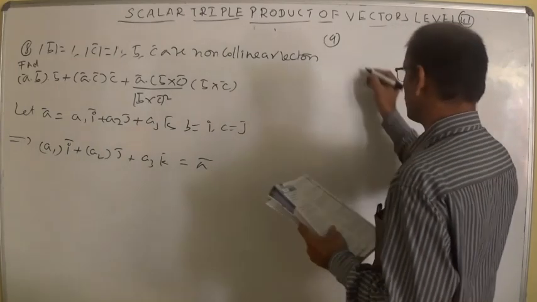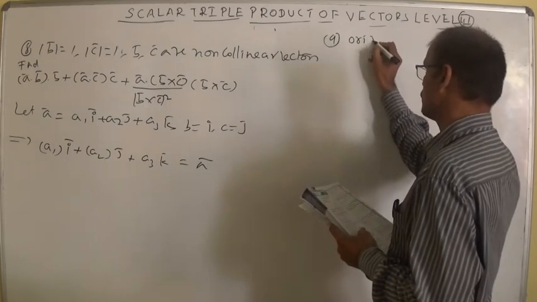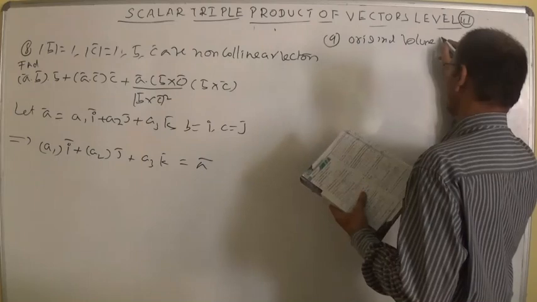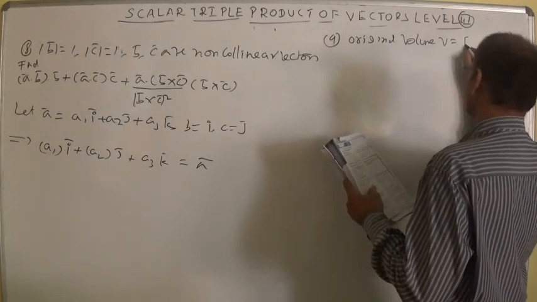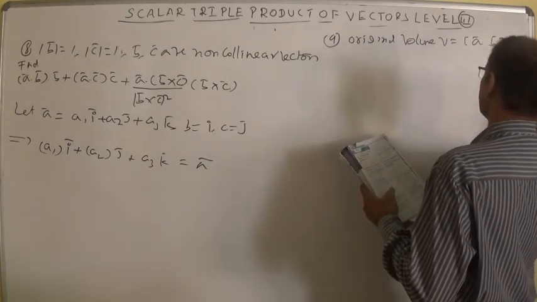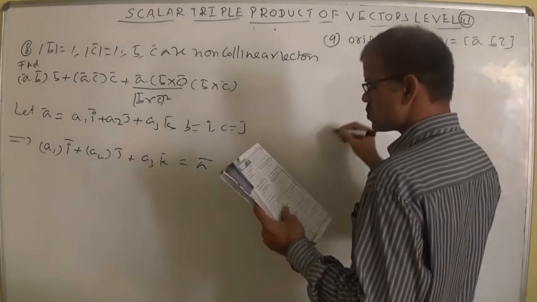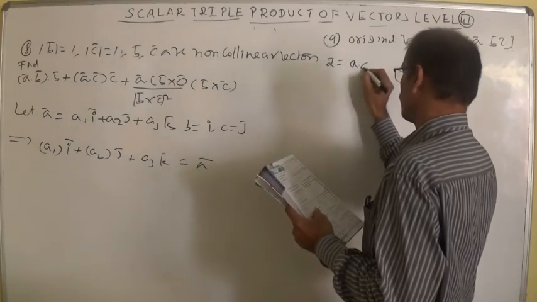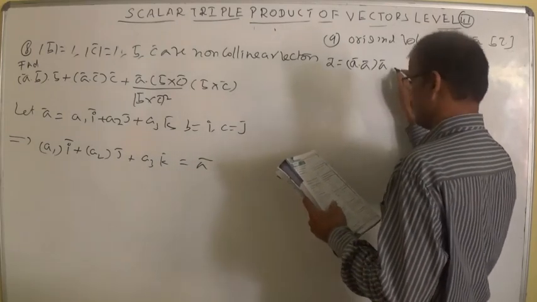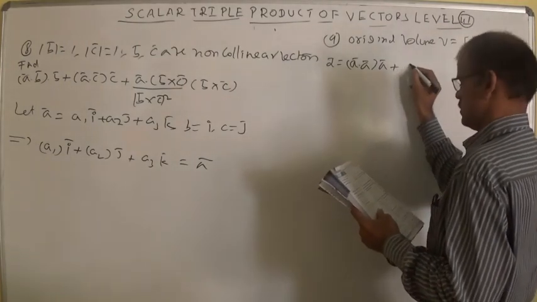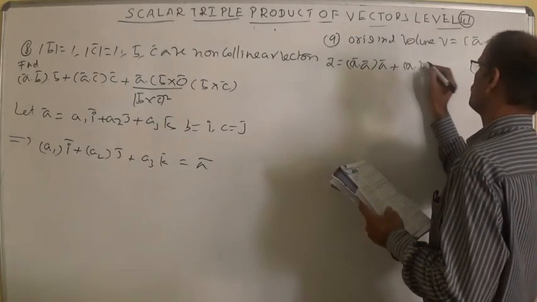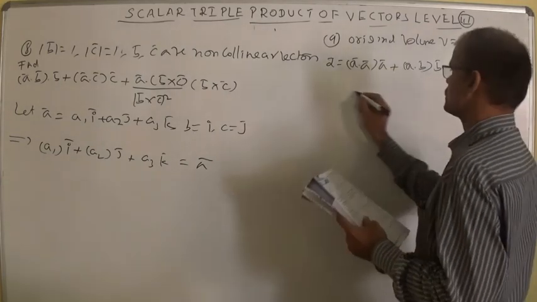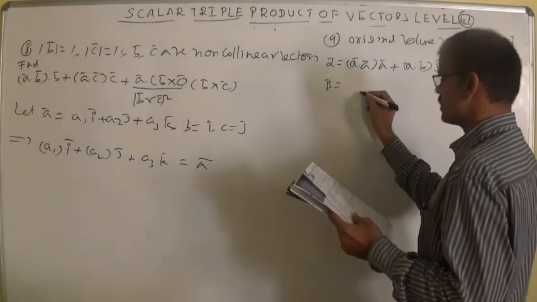So V is equal to box ABC. Using this, alpha bar is equal to, everything we should write from the data, A bar dot A bar into A bar plus A bar dot B bar into B bar plus A bar dot C bar into C bar. That is alpha. Alpha bar is a vector.